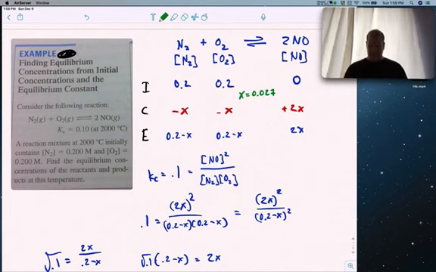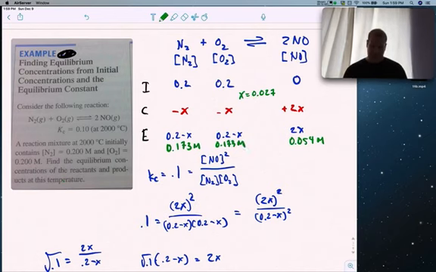That means NO, which is 2x, is going to be 0.054 molar, and each of N2 and O2 is going to be 0.173 molar. I'm just applying 0.2 minus x with the x value.